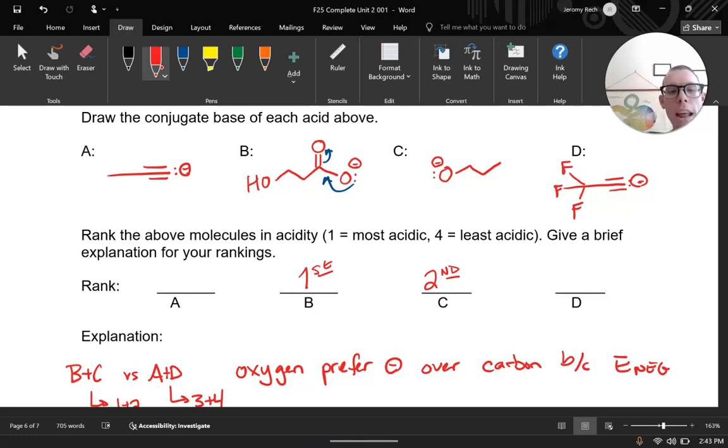Then if I look at A versus D, trying to figure out third versus fourth, here I see they're very similar in structure. They both have a lone pair on our alkyne, but I see that D has those fluorines, and those fluorines are electronegative. So these are going to help stabilize D through the inductive effect.